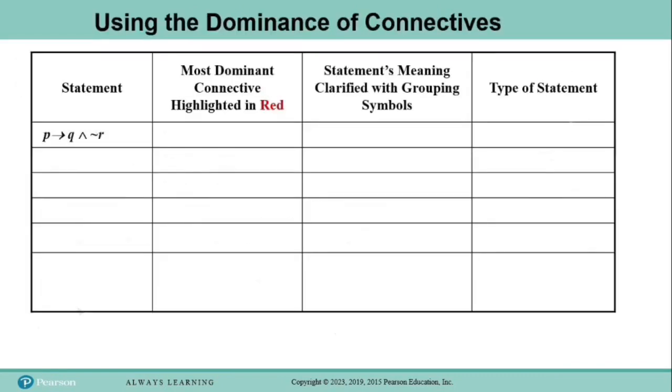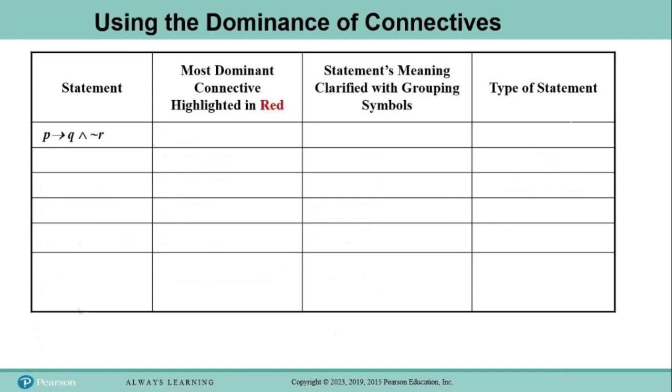So let's practice using the dominance of connectives just a little bit. What we're going to do is look at a series of statements and figure out what the most dominant connective is, and then we will insert parentheses in that same statement to clarify the meaning. Because remember, dominance of connectives plays no role at all unless we have a statement without parentheses.